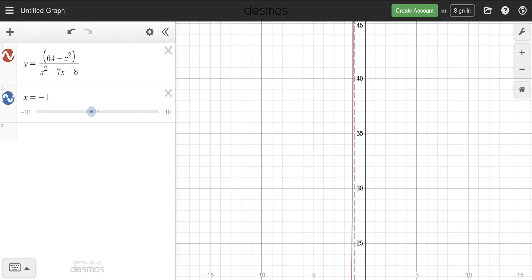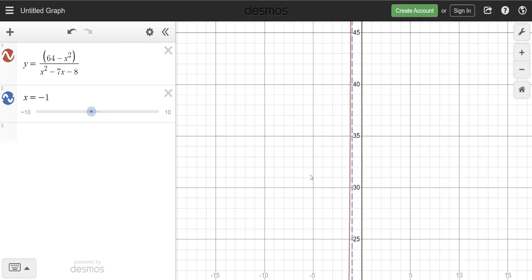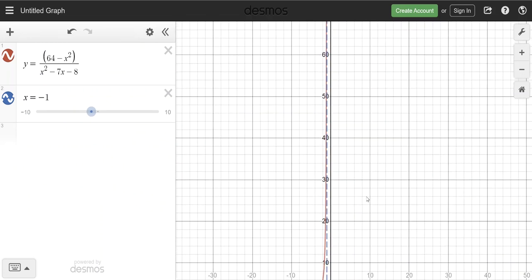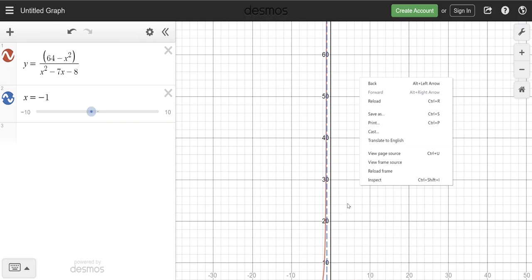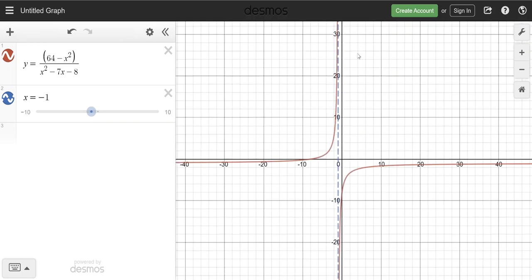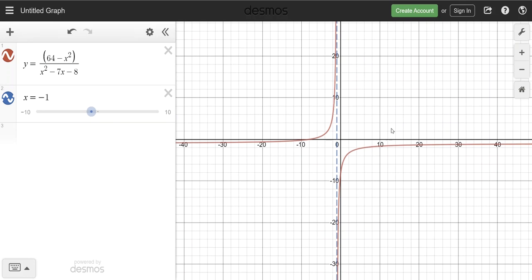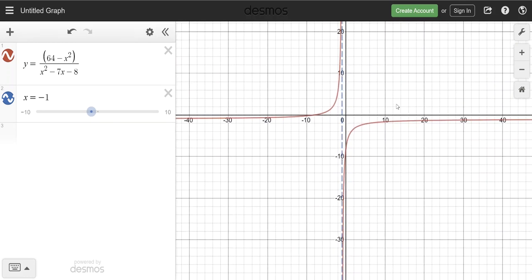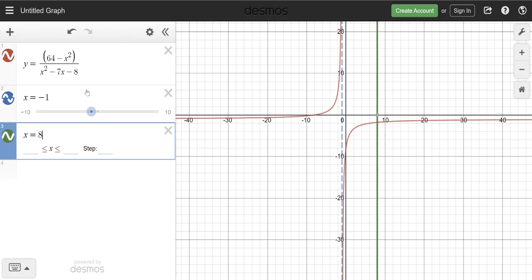Back to the graph, let's see what we have. Okay, zooming out so we can see things again. Okay, so we zoom out, and then we look for x equal to 8. If you want, why don't we go ahead and say x equals 8 over here, just so that we can see it. We can identify the point easily, all right? It helps us to know where is 8 on the x-axis.